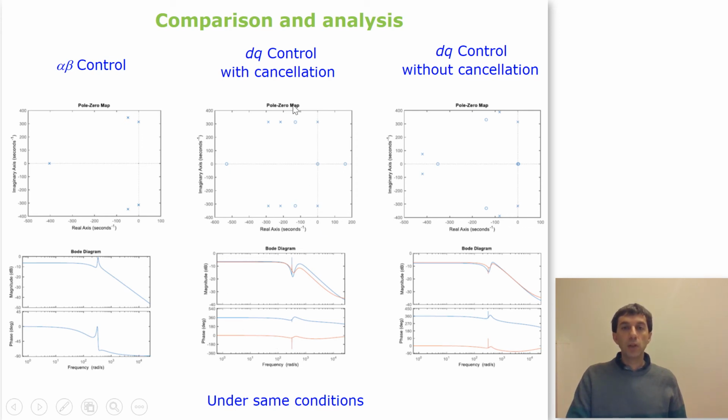However, this is the only control that achieves the same amplitudes for the different frequencies. This and this at different frequencies obtain different gains, and this obtains at different frequencies the same gains. There is a curious thing that happens.